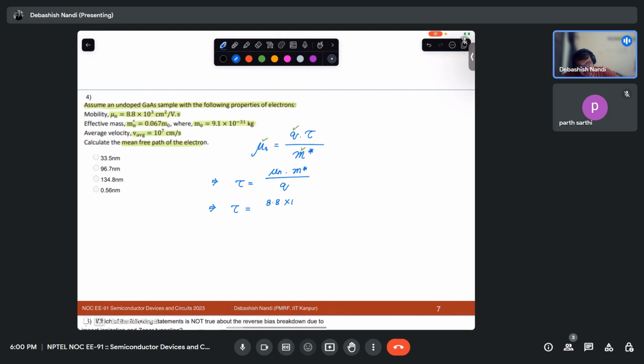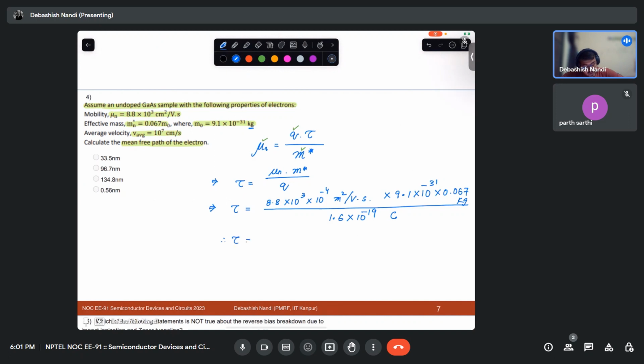So tau will be what? 8.8 into 10 raised to 3. Let me convert it into the meter scale because kilogram is sitting here. Meter square per volt second. What is in kilogram? It is 9.1 into 10 raised to minus 31 times 0.067 kilogram over, what is Q? 1.6 into 10 raised to minus 19 coulomb.